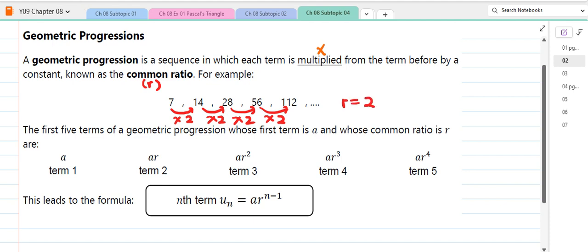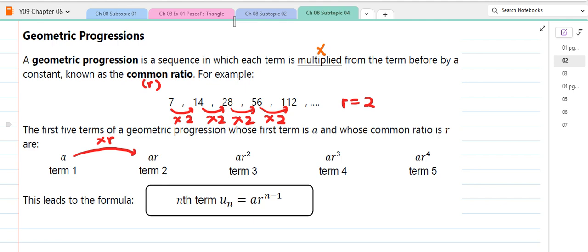The first 5 terms of a geometric progression whose first term is a and whose common ratio is r. You can see the second term is the first term multiplied by r. The power of r in the second term is power 1, and multiplying with another r we get r to the power of 2, r to the power of 3, and so on.